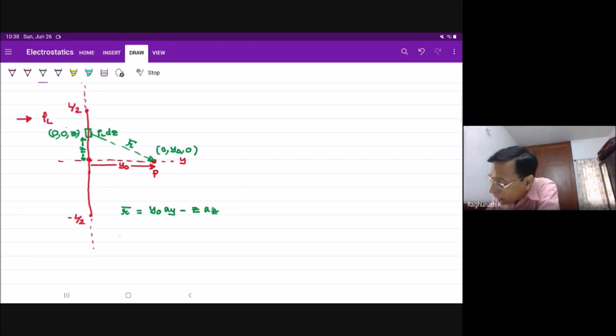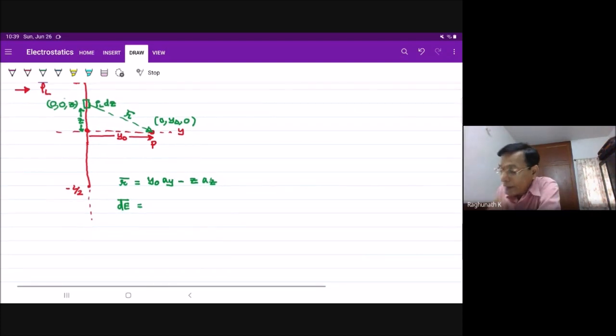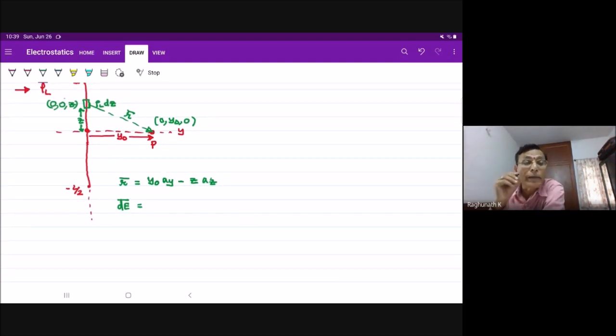And dE bar. dE bar is equal to what? The charge magnitude is rho L dz, because I know the charge per unit length as rho L. It is uniformly charged. Positional coordinate will not come here. Z is a variable of integration for us, because the line charge is along the z-axis in which only z can change. X and y are zeros.